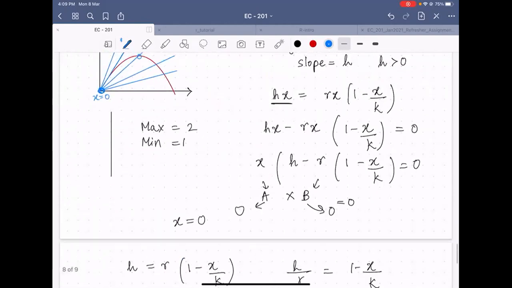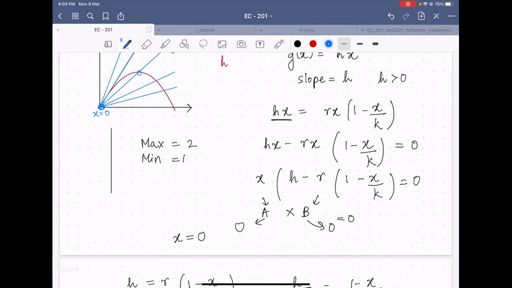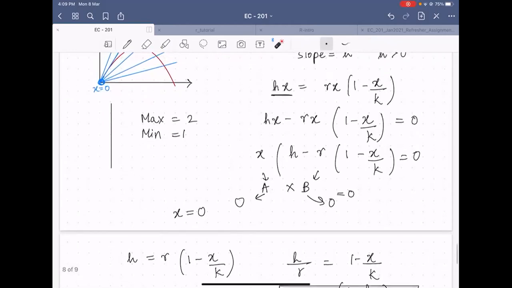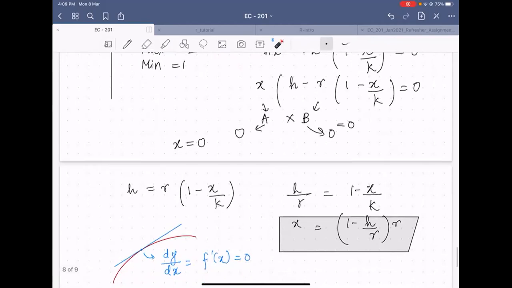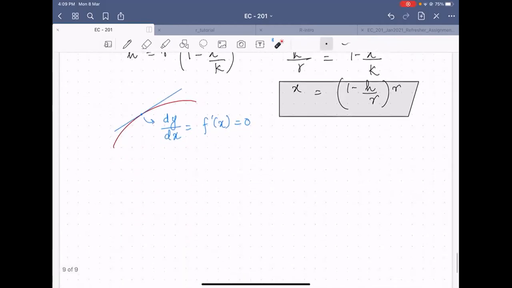So we know that at this point, the first derivatives of both the functions would be equal.